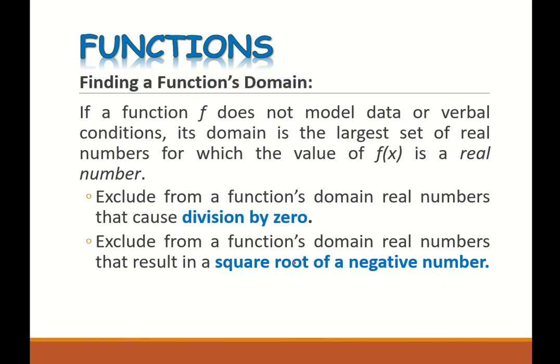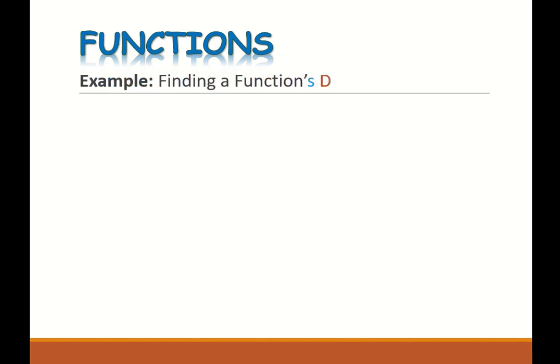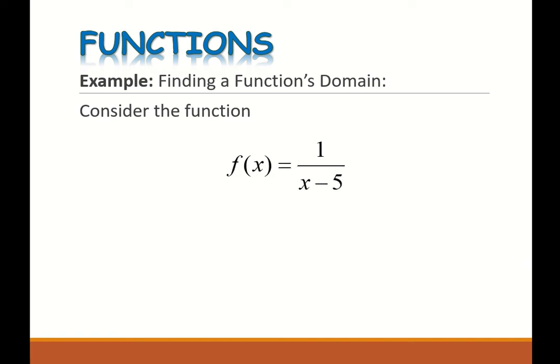So this is finding a function's domain. For example, find the function's domain for this function f of x equal to 1 over x minus 5. So to find the domain, this is fractional.